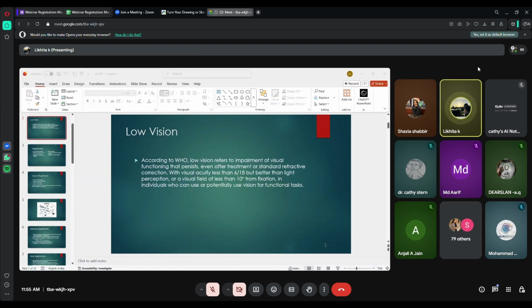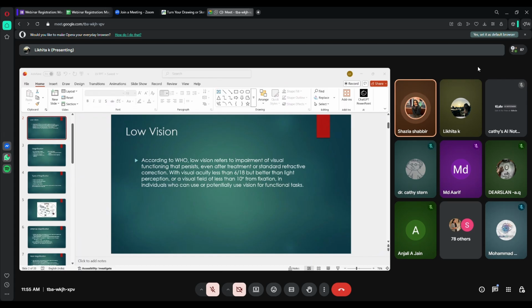It's not like we use all the formulas for each specific patient. I haven't spoken about prescribing magnifiers in particular. I only consider the distance and near magnification, which is not a type of magnification, but is useful for distance and near.